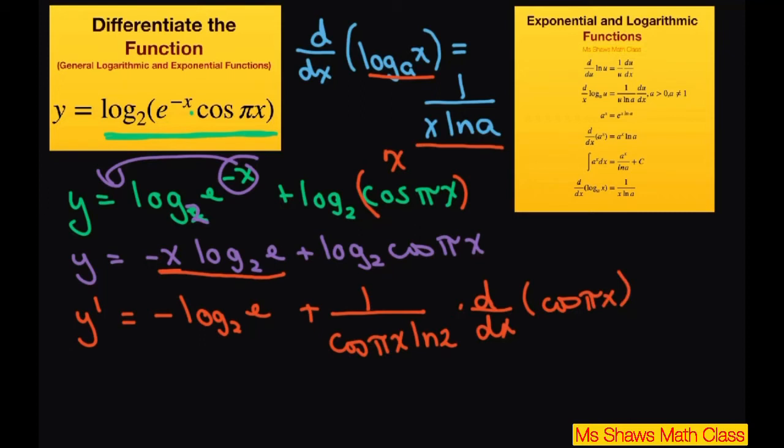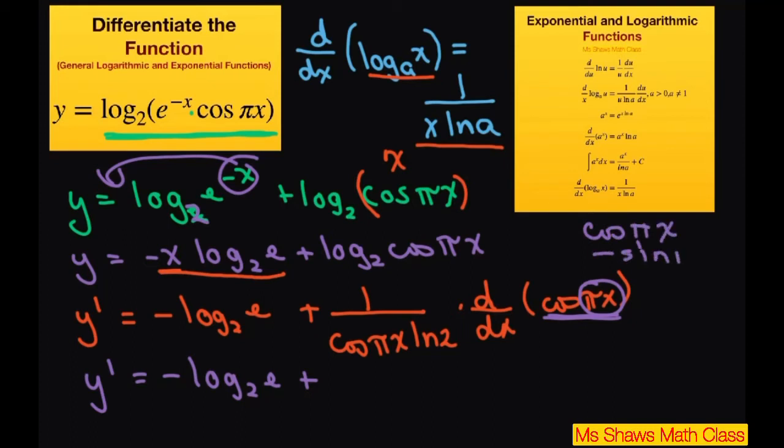So this simplifies to y prime equals negative log base 2 of e, and the derivative of cosine is negative sine. So you're going to have plus negative sine, and then you have to also differentiate the inner part. So when you differentiate cosine of pi x, this is going to be negative sine pi x.